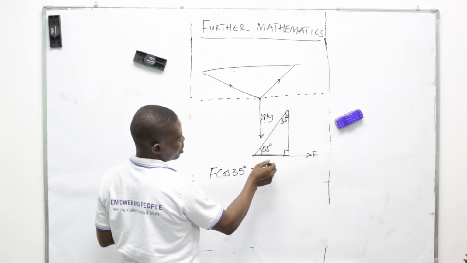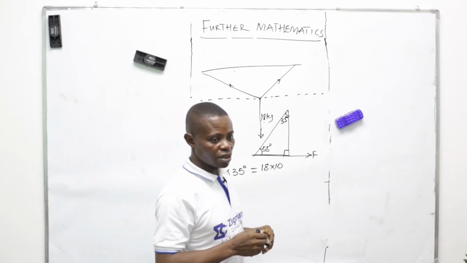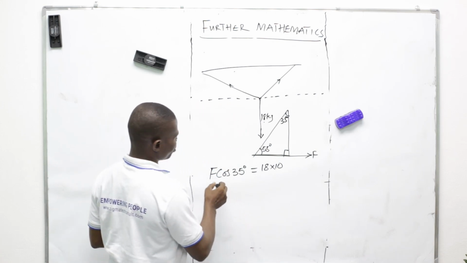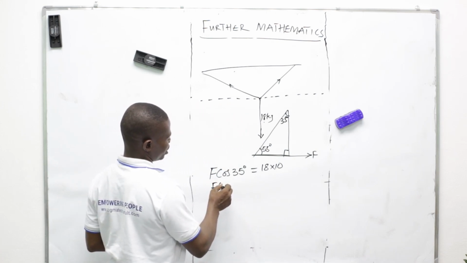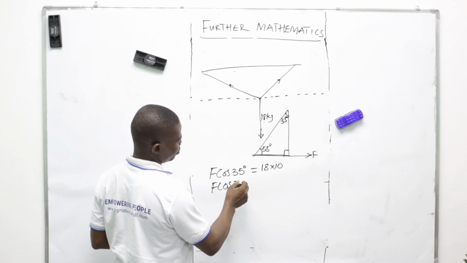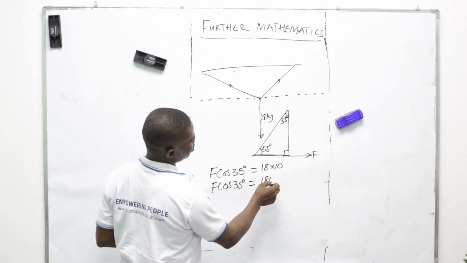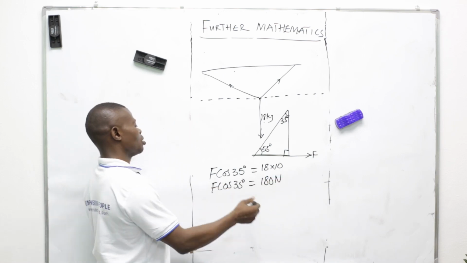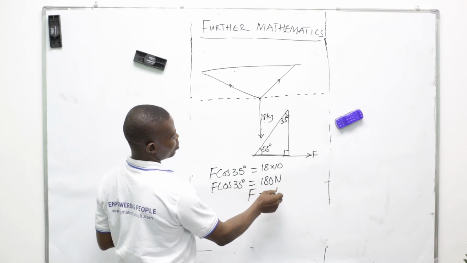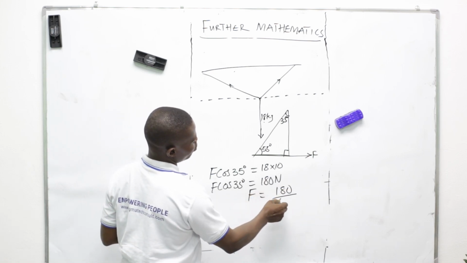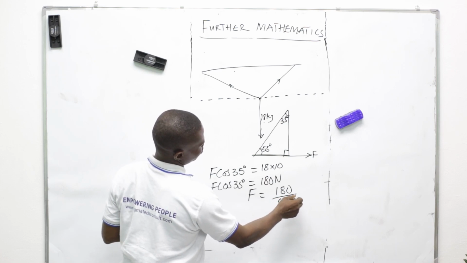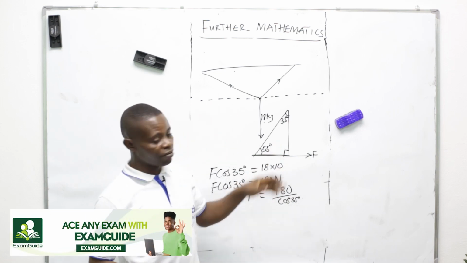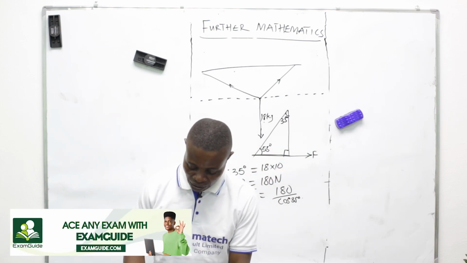mg, that is 18 kg times 10, so F cos 35 degree equals 180 Newton. We are looking for F. F equals 180 all over cos 35 degree. If you like, you can use 55, but in the case of 55, you are using sine theta.